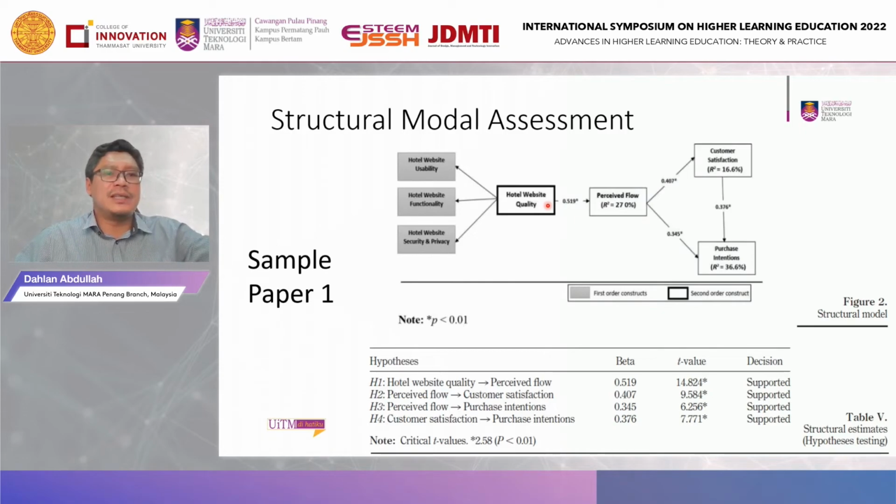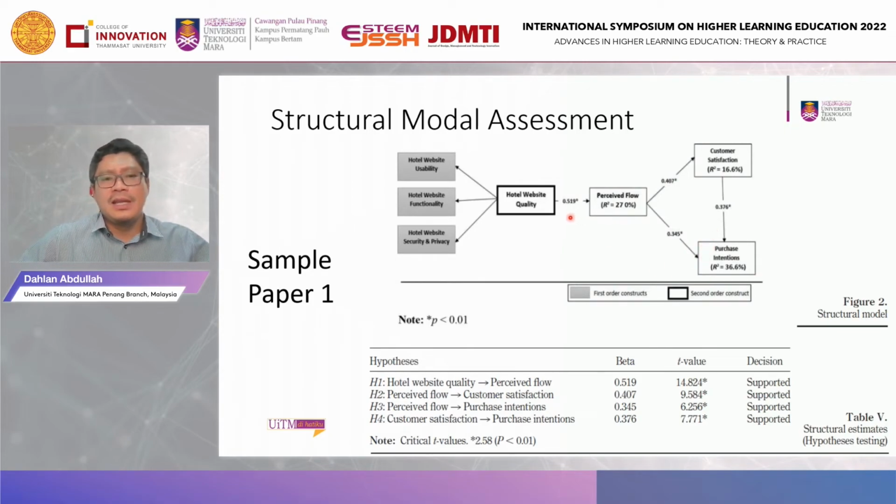You can see the condition of the hotel, how the room looks, how the lobby looks by looking at the 360 video. Maybe by using these features, you'll be flowing around with the website, meaning that's how website quality influences perceived flow. And if you feel like that, it will increase your satisfaction as a user of the website, and then it will increase your intention to purchase or book the hotel through the website.